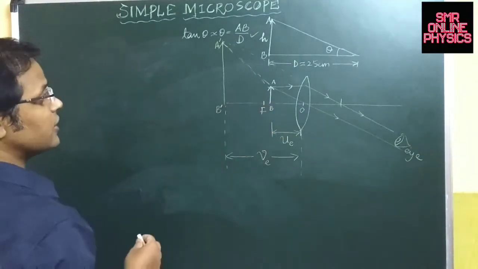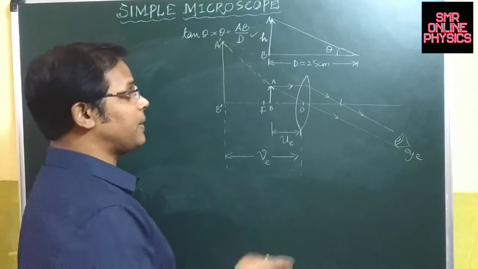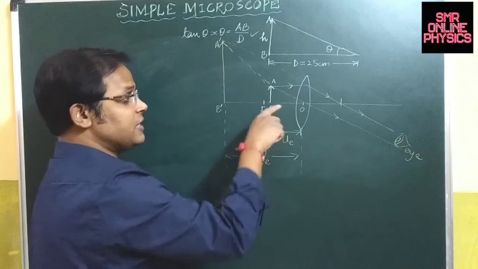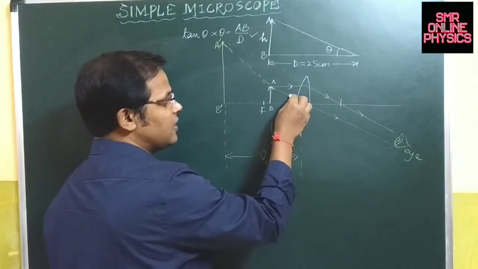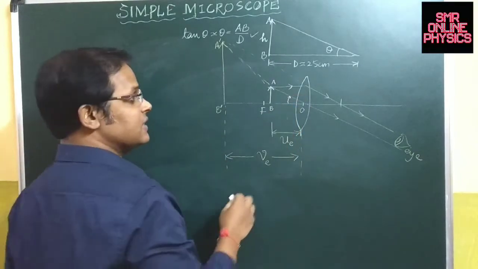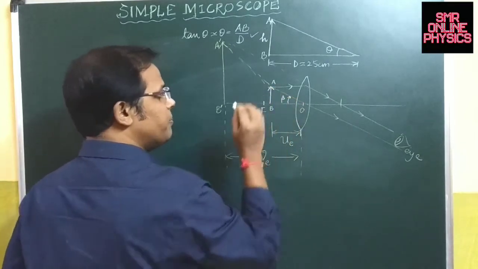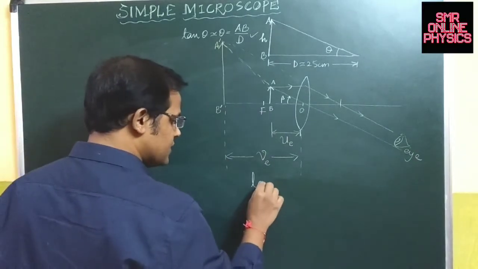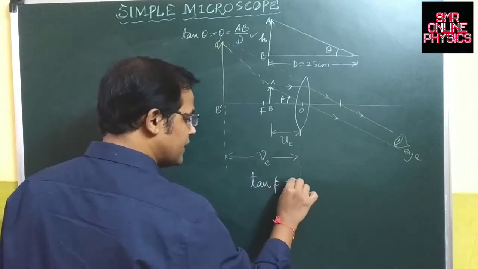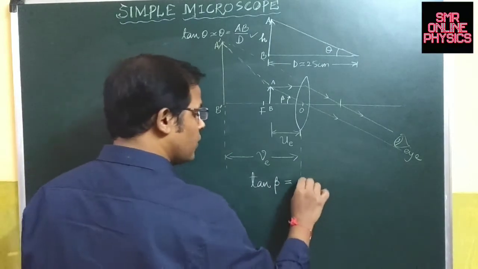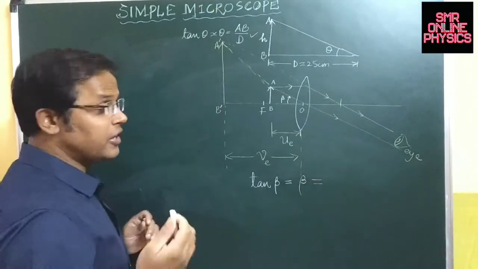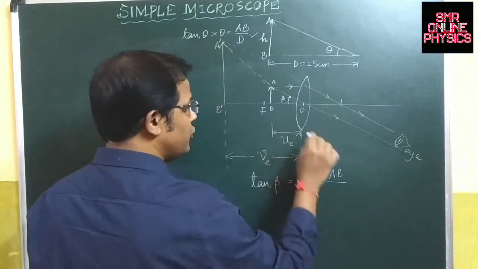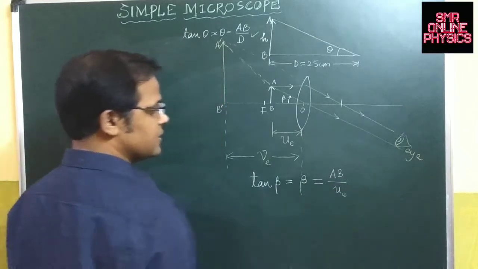If I have to calculate the angle subtended at the eye by this image, when this lens is placed in between, you find the angle subtended is slightly increased. This angle, let us call it beta. Because the angle is very small, we can call tan beta simply beta, and take the trigonometric ratio, that is AB by UE. That is the object distance.